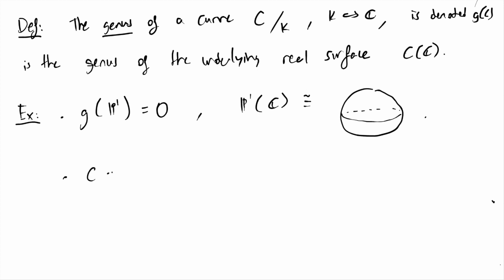And we talked about x squared plus y squared equals z squared inside of P2. So in one of the first lectures, we've shown that the set of complex points of this curve is also homeomorphic to a sphere. So the genus here is 0.